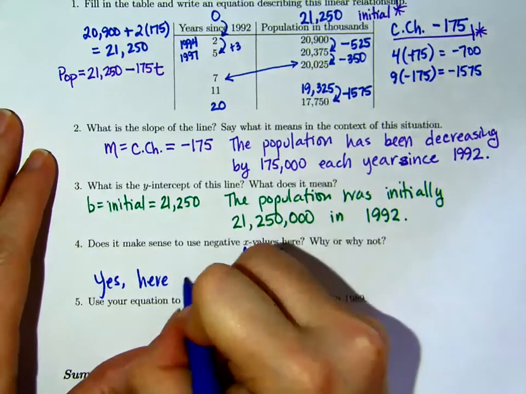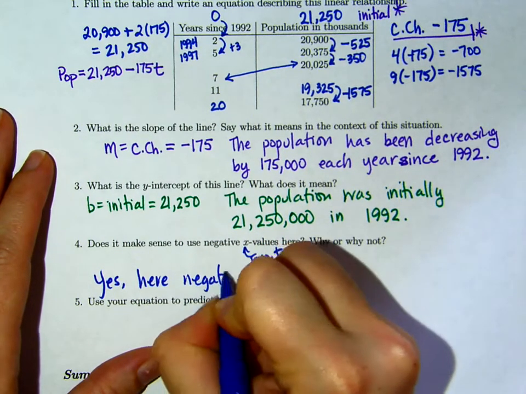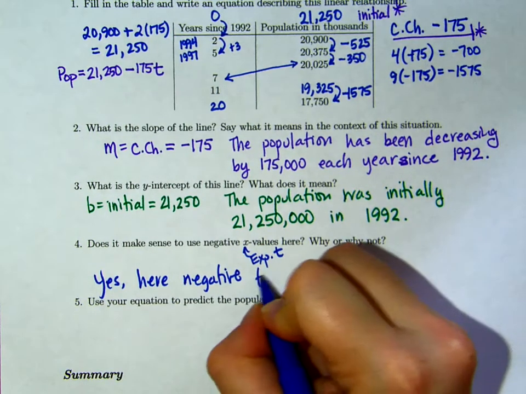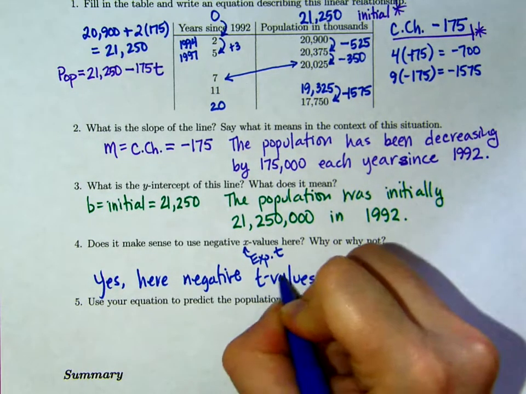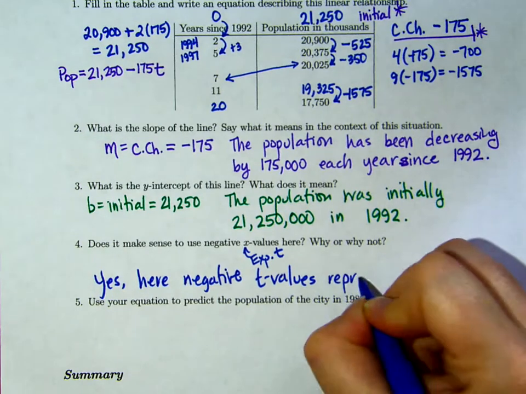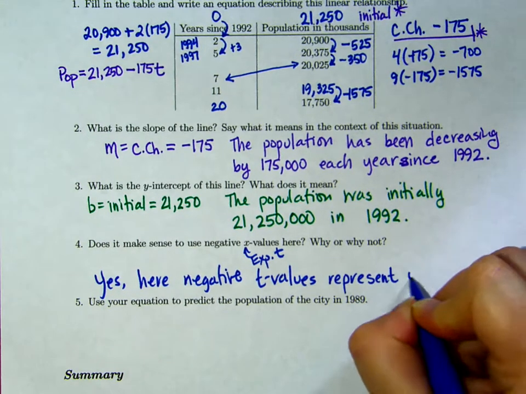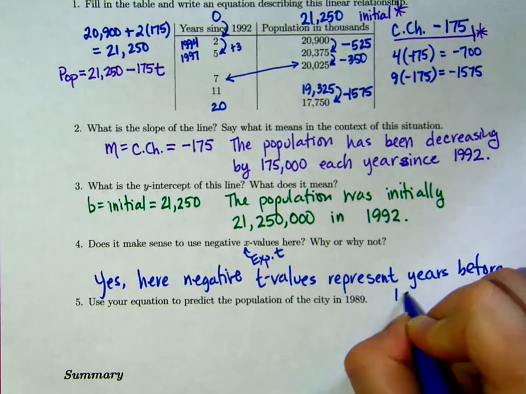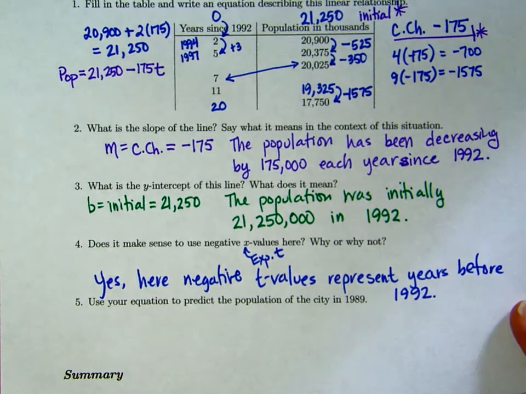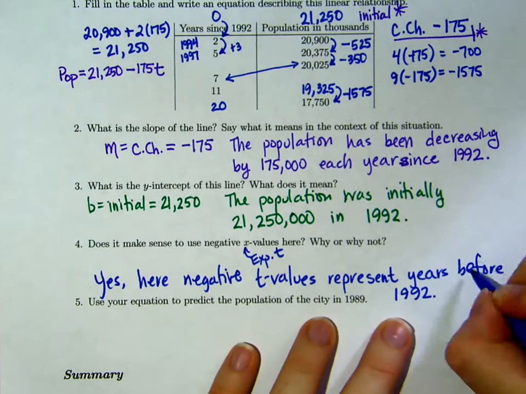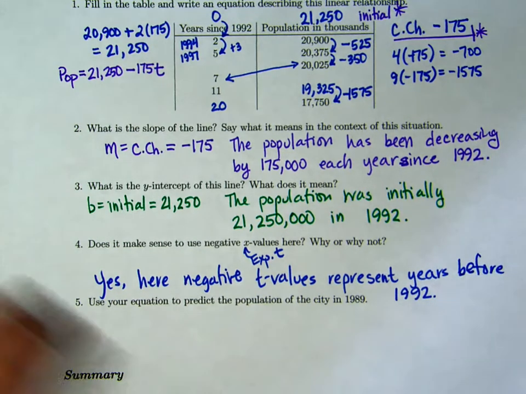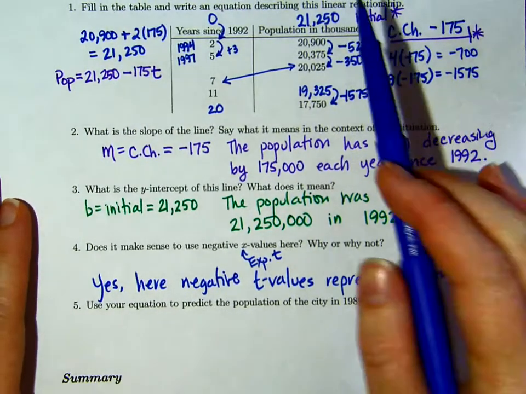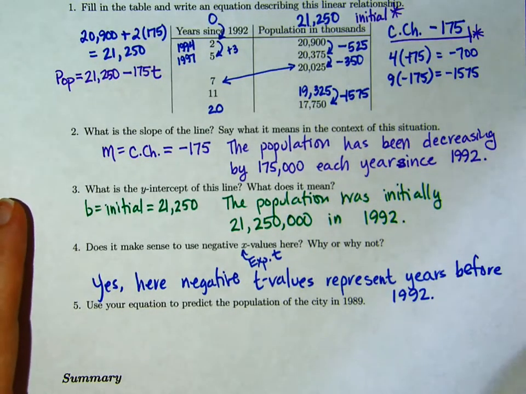Here, negative t values represent years before 1992. Now, I'm not sure if this linear equation would fit for the years before 1992 because we're not given that data, but still, this is what it would represent.